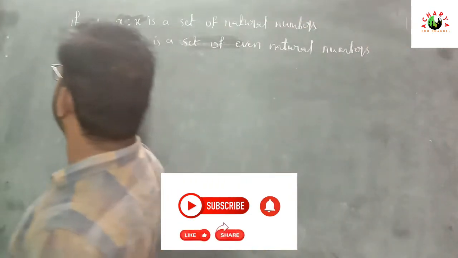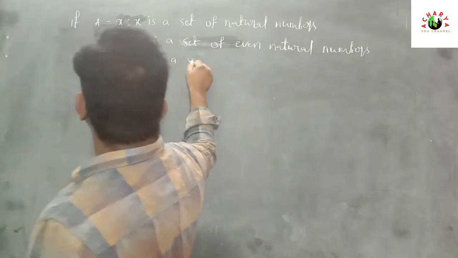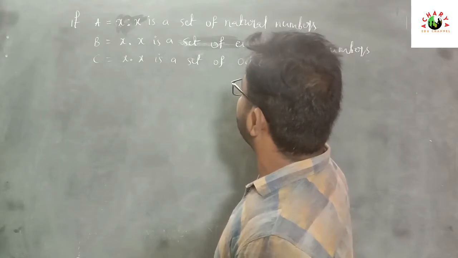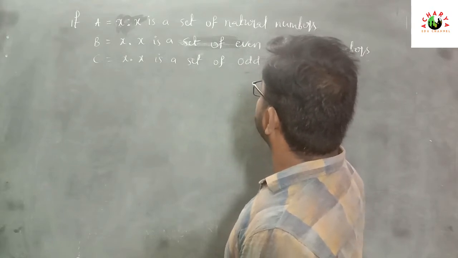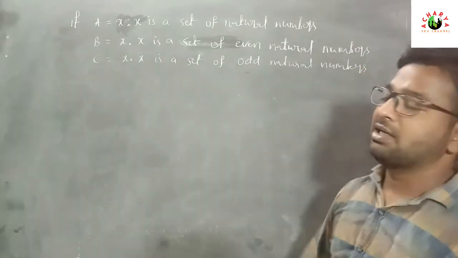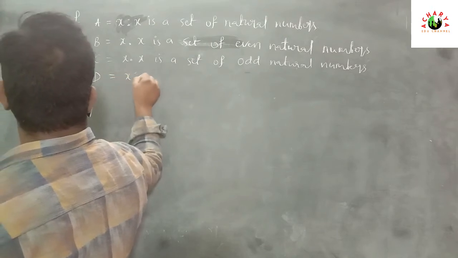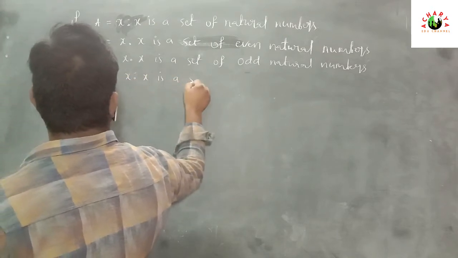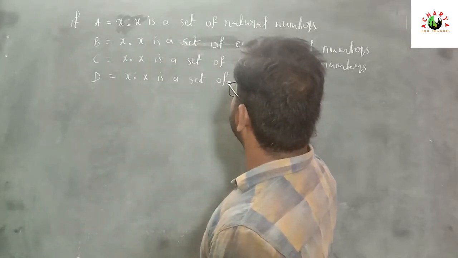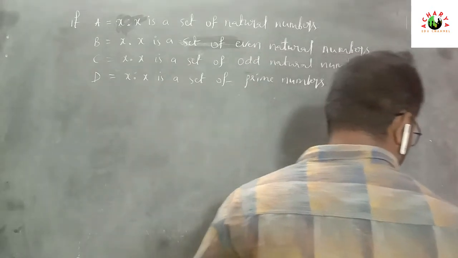Next, C is equal to {X such that X is an odd natural number}, set of odd natural numbers. Next, D is {X such that X is a prime number}, set of prime numbers.